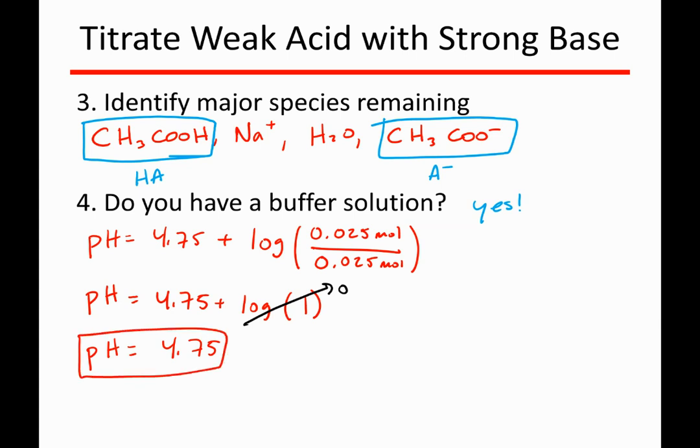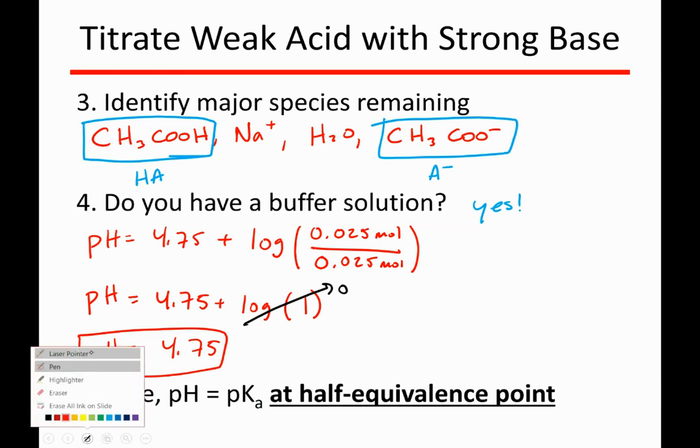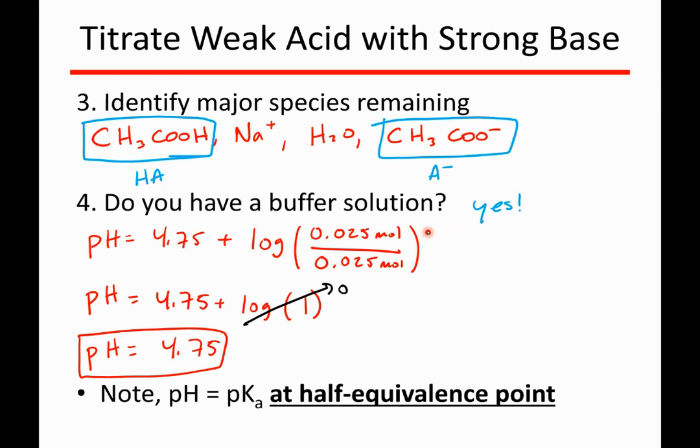And this relationship that the pH is equal to the pKa at the half equivalence point will always hold true for any weak acid and strong base titration. So at the half equivalence point, the pH will always end up being equal to the pKa because at the half equivalence point, you will have left over the same amount of HA as you produced A minus.